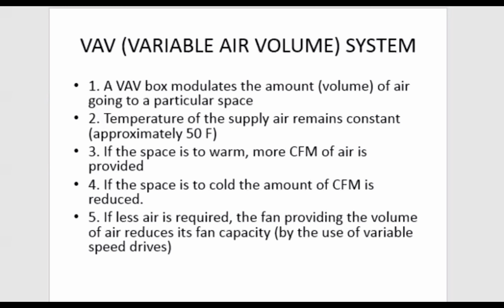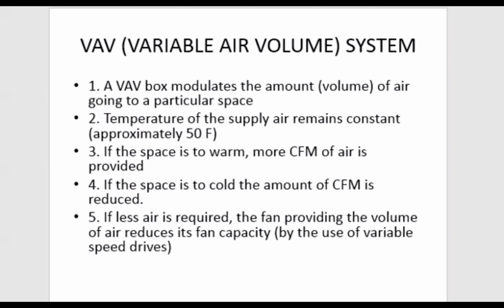VAV, or variable air volume systems, means that we're modulating the amount of air passing through the space to change the temperature. And the temperature of the air coming through the ducts is constant. So basically, if you want to reduce your temperature more, you would have a higher airflow coming through the duct.